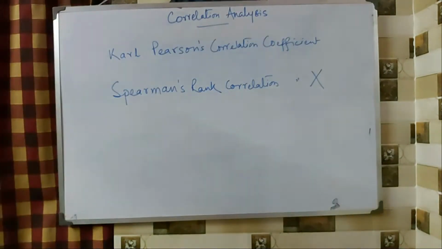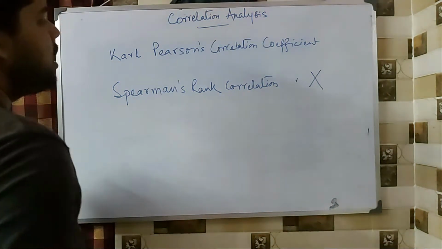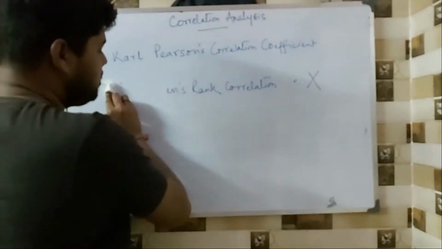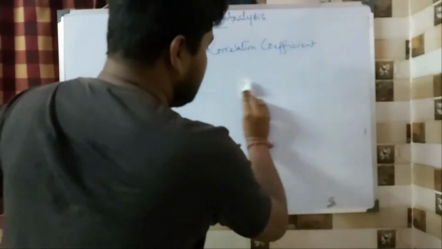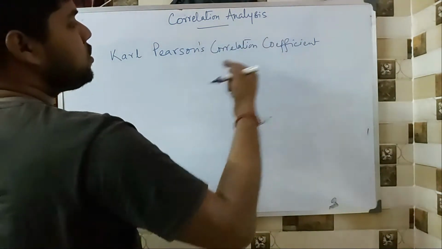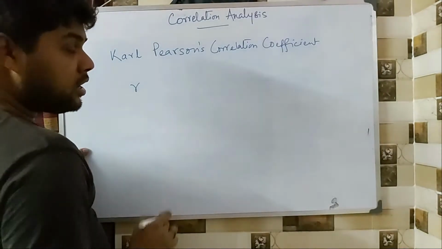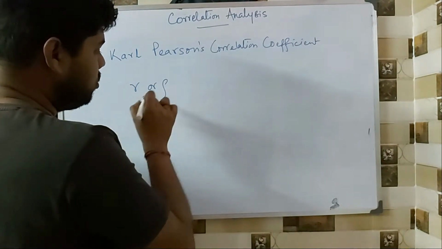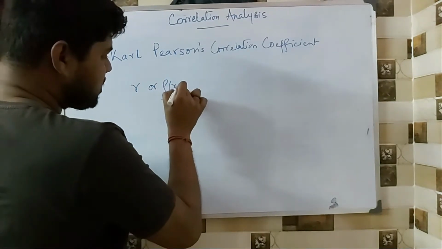So to begin with, this Karl Pearson's correlation coefficient is denoted by r or rho x comma y, to be precise. That's how we write it.